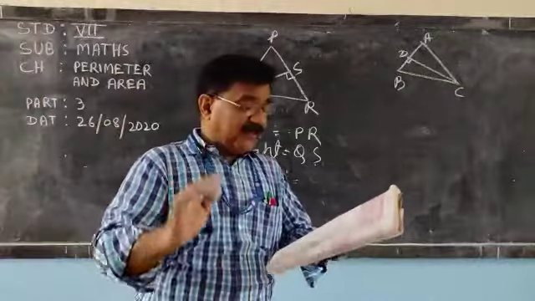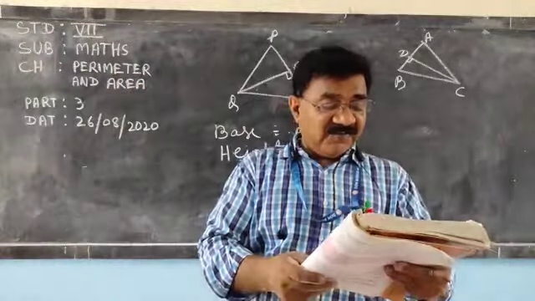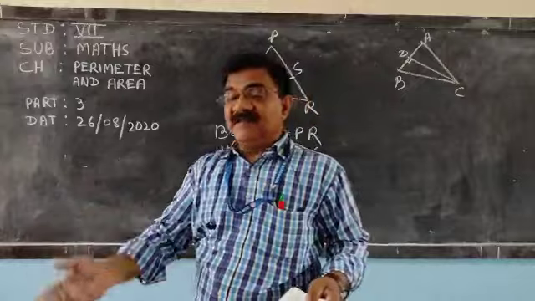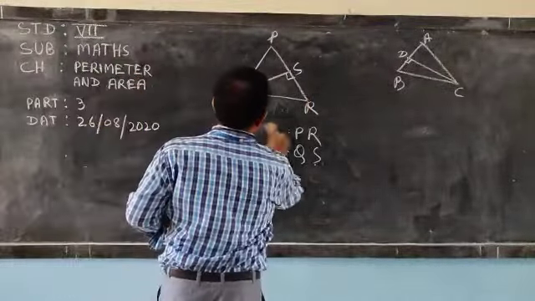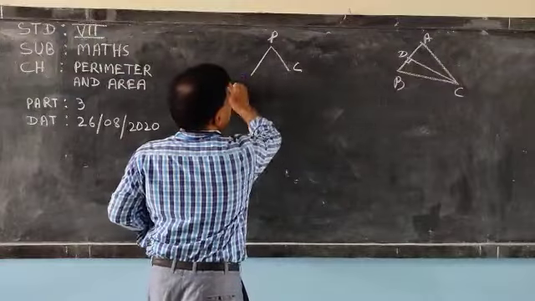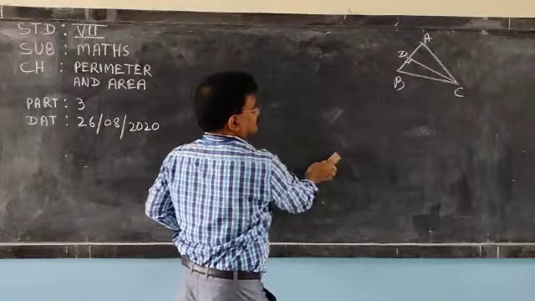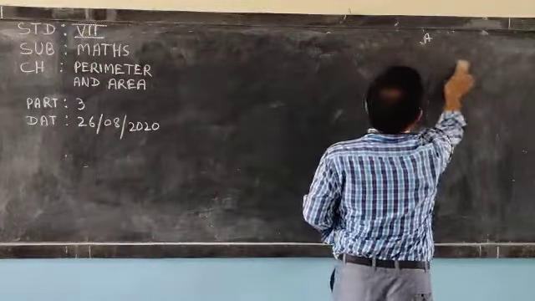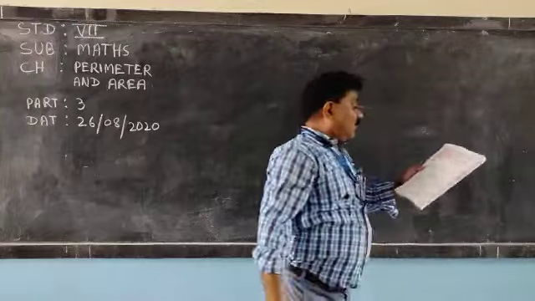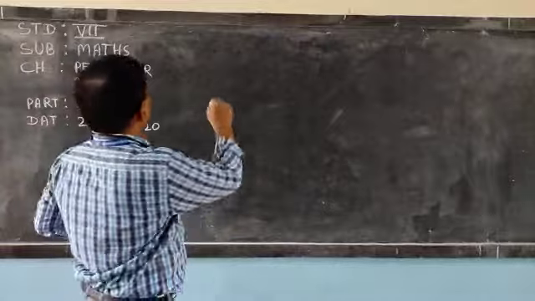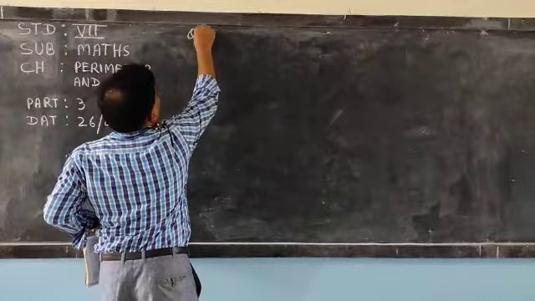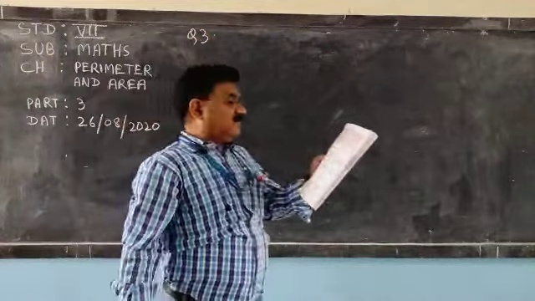Sometimes the area may be given, one of the sides may be given, and another thing may be asked to find. Let us see. Exercise 1C, question number 3. What is the question?